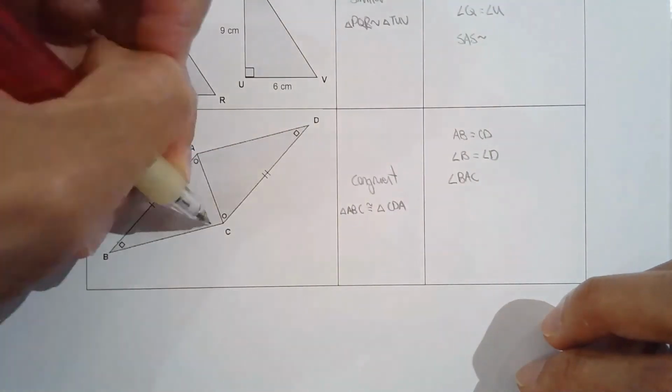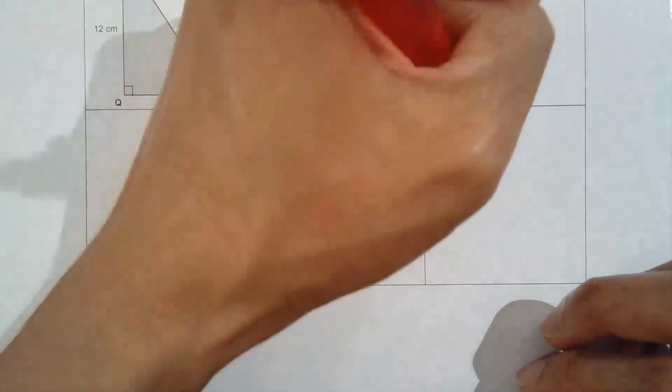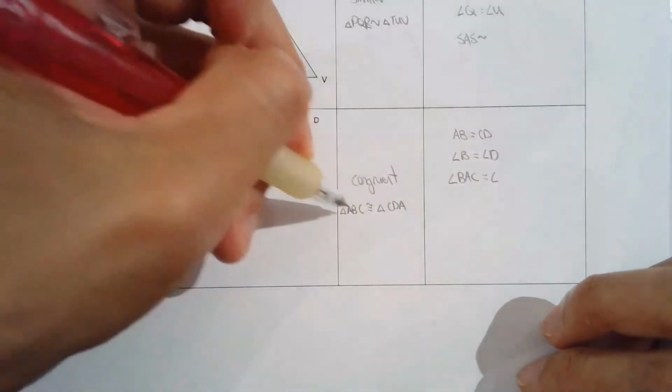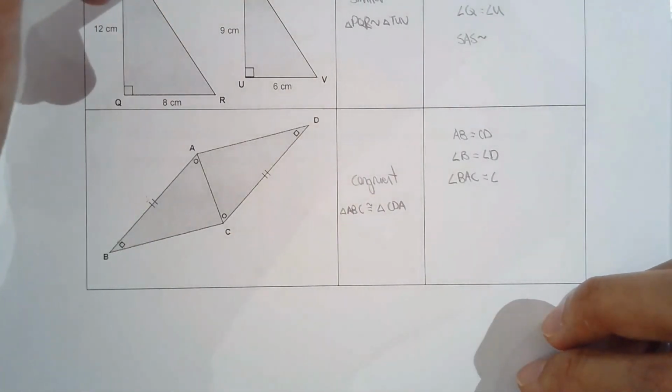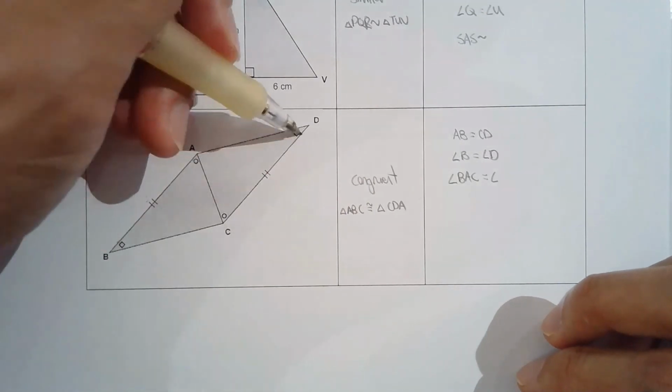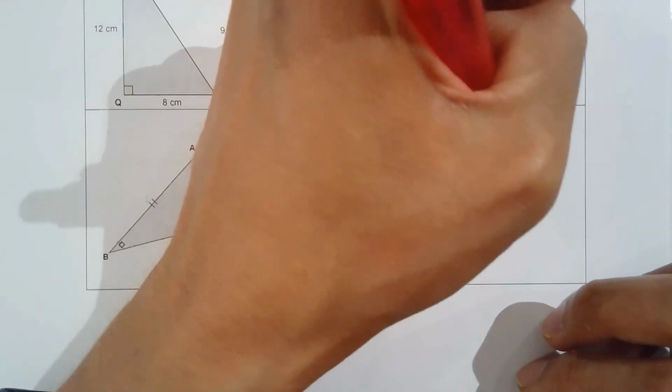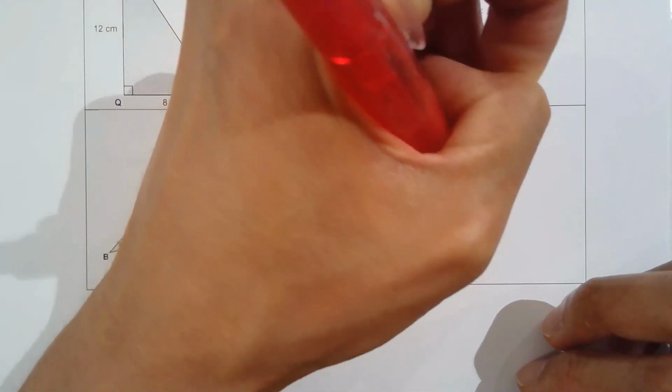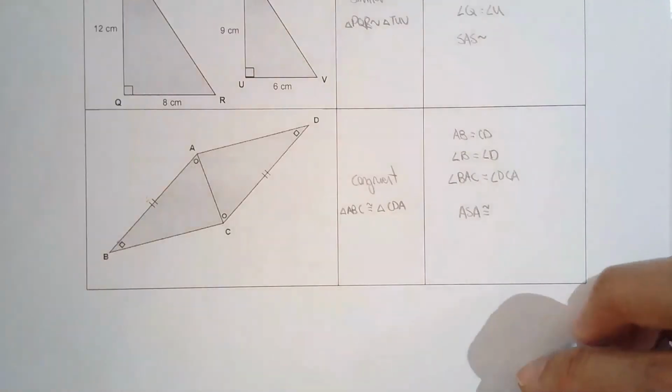Angle BAC is equal to, sorry, one more time, angle BAC equals angle DCA. All right, so angle, side, angle, congruence.